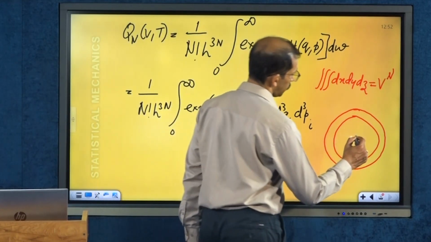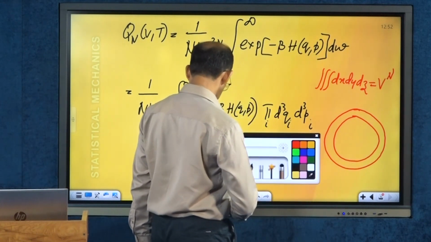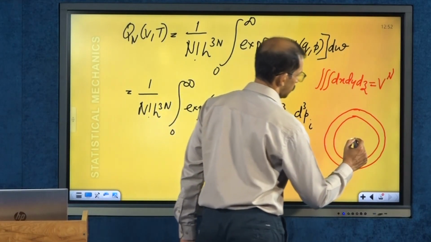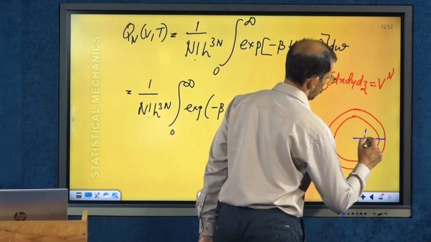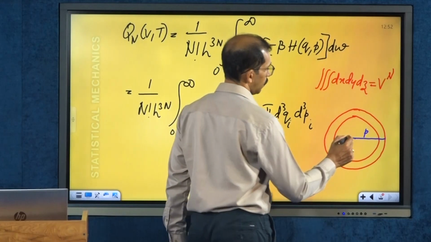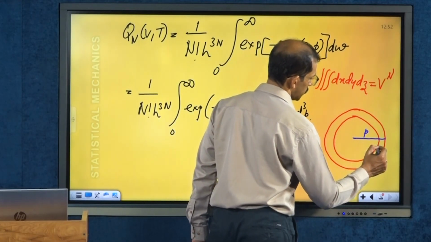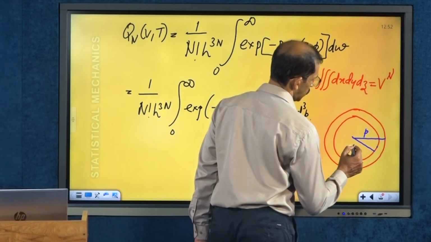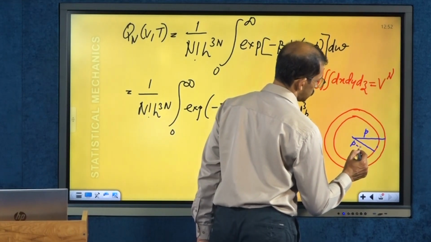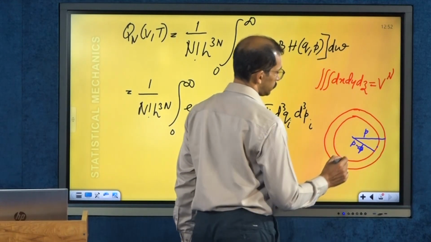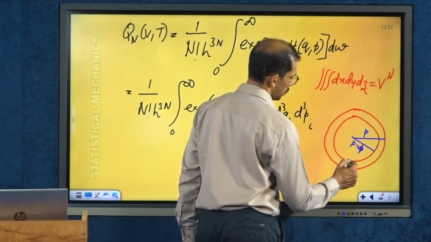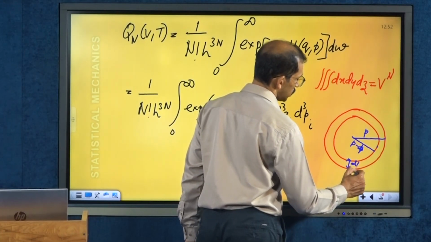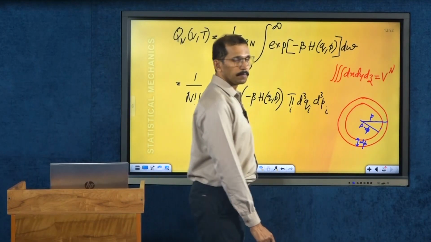Say my radius is p and the inner radius is p minus dp, which means that the thickness of this shell is dp.